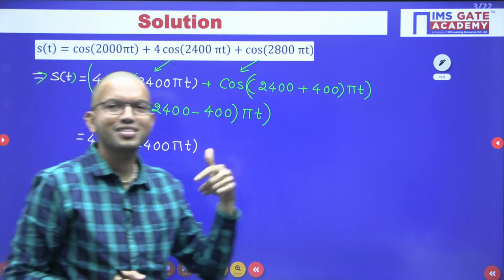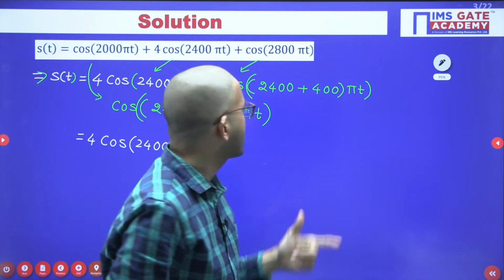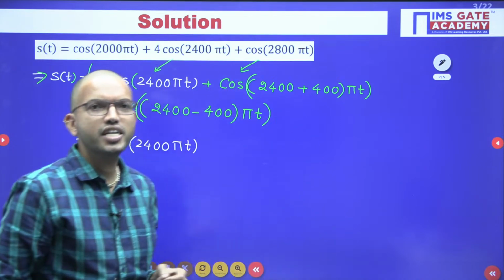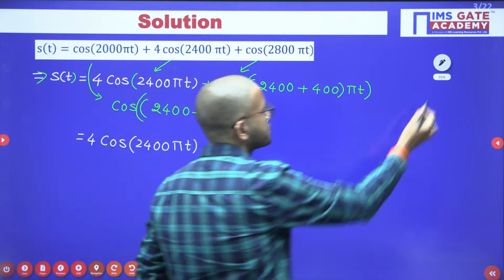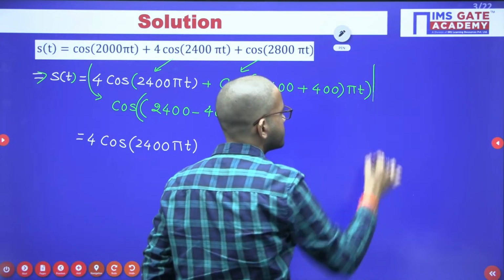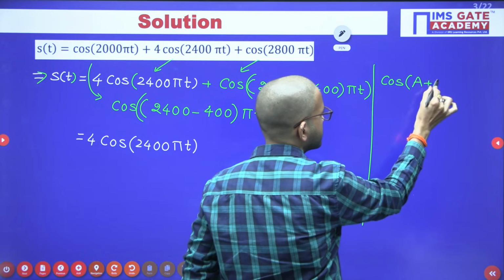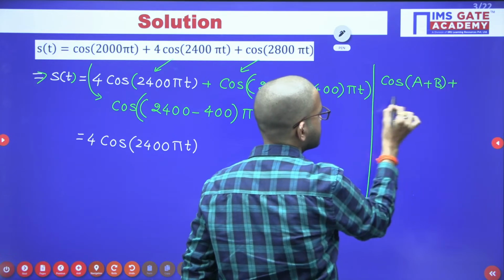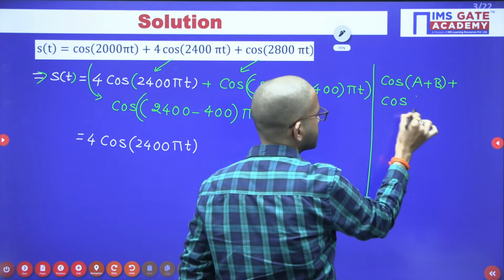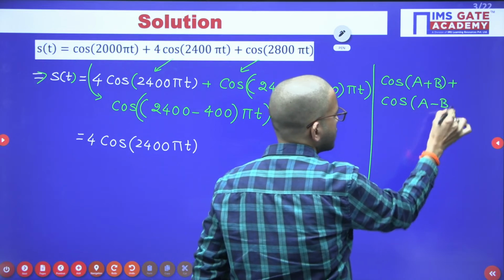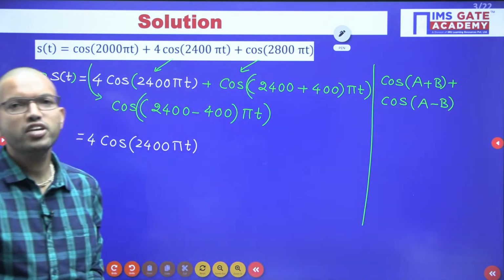Can you recall the standard trigonometric equation? Cos sum plus cos difference, we can write it as, any guess? Cos sum plus cos difference, how we can write?